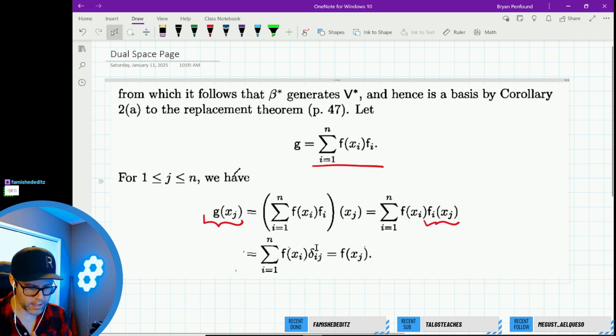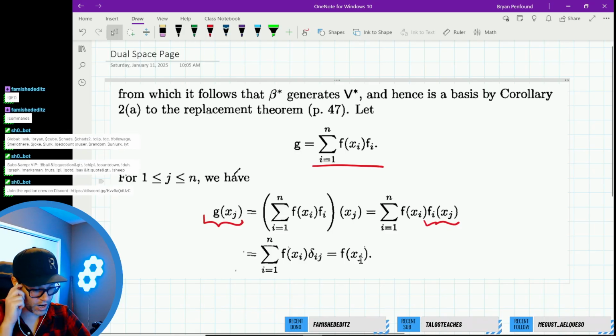So I can just replace that with the delta function. Right? The Kronecker delta function. And only one of these is going to give me the desired output that I need, and that's xj, right? The only one that we keep is when i and j are the same. So our only output here is f evaluated at xj.